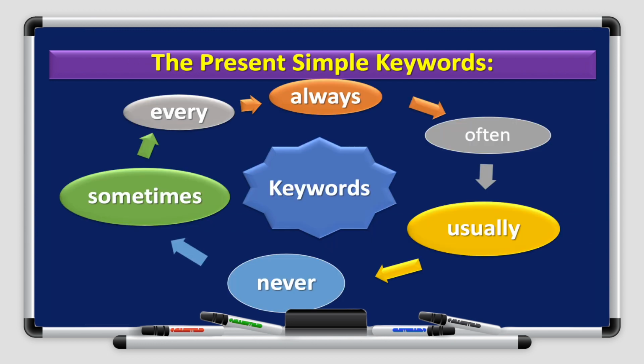There are some keywords that you need to keep in mind when it comes to understanding the present simple tense. And these keywords will help you identify a present simple sentence. They are always, often, usually, never, sometimes, and every. So whenever you see these keywords, you will know that this sentence is in the present simple.